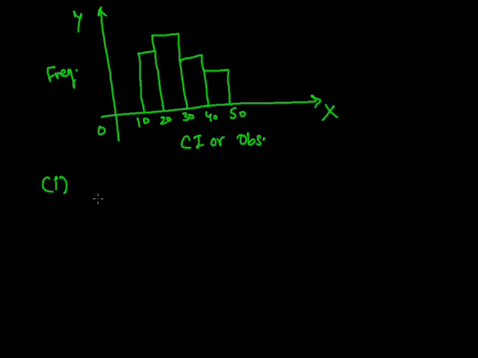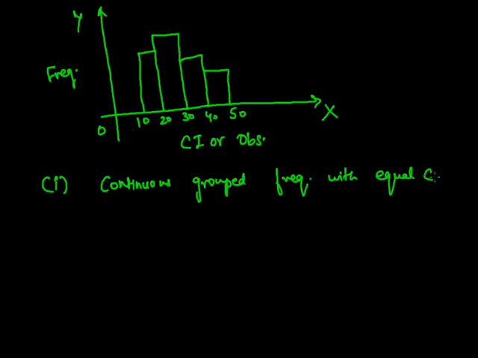So the first type of data we'll see is continuous group frequency distribution with equal class interval. So in this case, a continuous group frequency distribution table is given with equal class intervals.